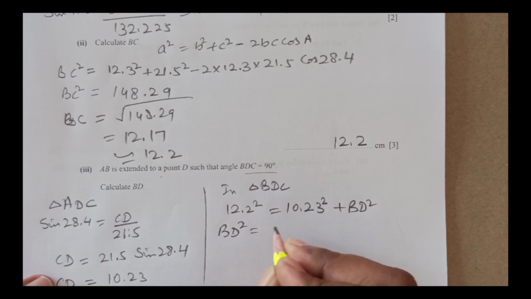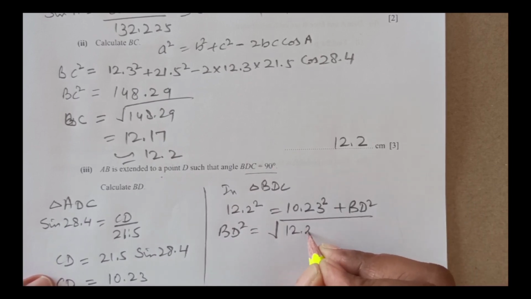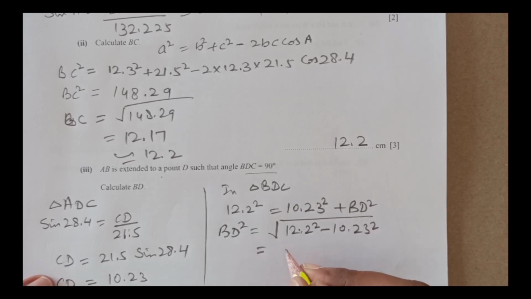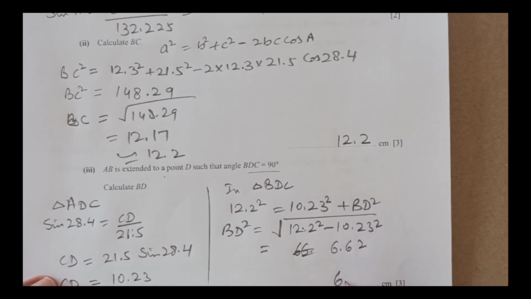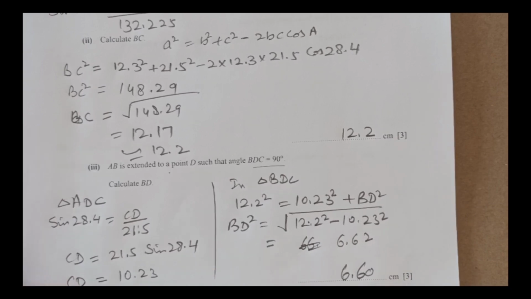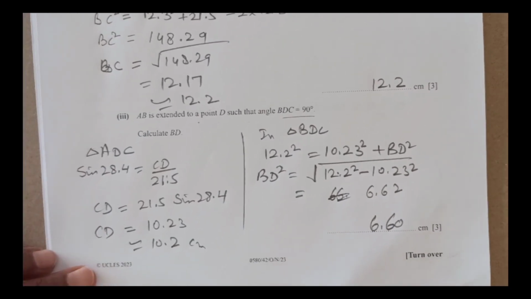So BD is equal to the square root of 12.2 squared minus 10.23 squared. This is 6.62. So the final answer is 6.60 to 3 significant figures, right?